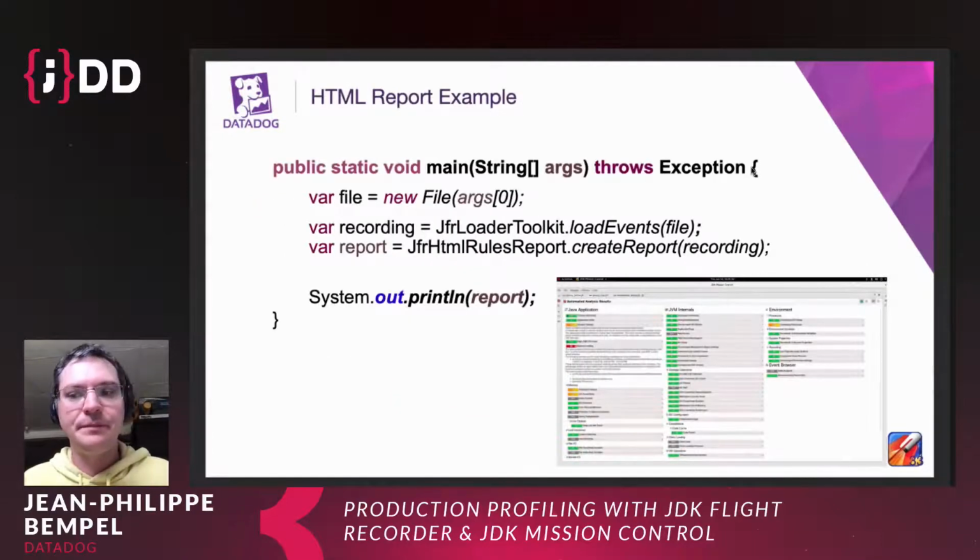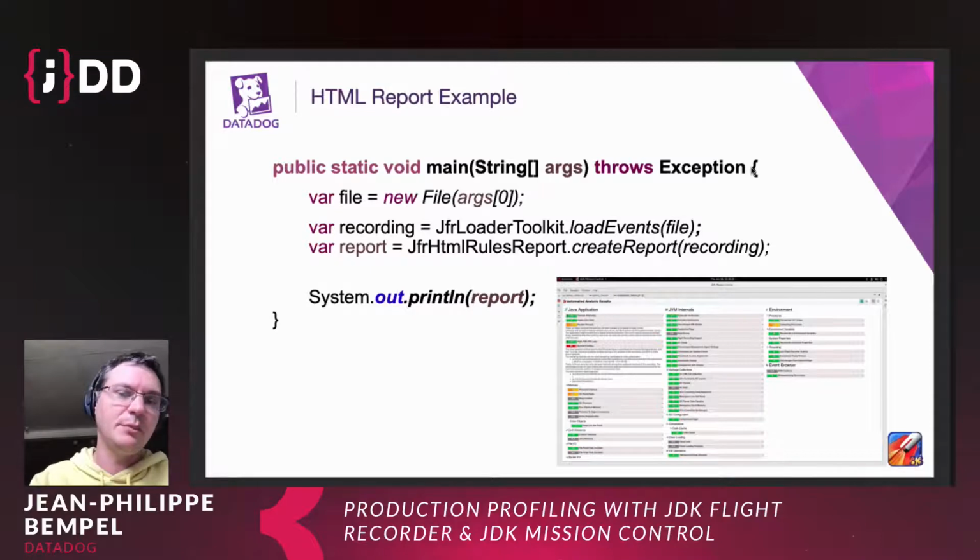You also have a small example of actually creating a report of the whole analysis in HTML format. So the one that you see in JMC, you can also externalize this to integrate with your observability system. So you can create the HTML report and show it in your intranet or something.